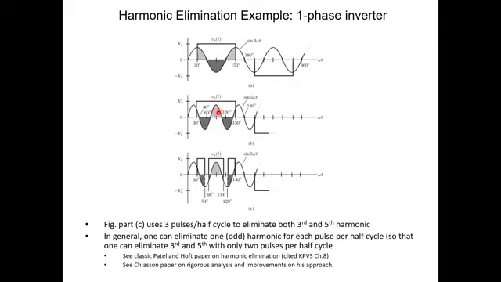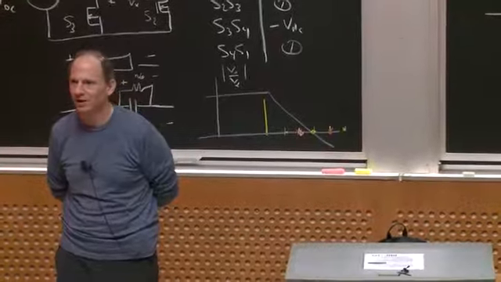But if I then put in my nulls right here, centered about 60 degrees, it turns out if I use that capital delta being 12 degrees, I can make the negative area exactly cancel the positive area and kill the fifth harmonic. So if I use this waveform, which is again half wave symmetric and has 3 pulses in each half cycle instead of 1, I could not only keep the third harmonic killed, but also kill off the fifth, which would then leave the lowest harmonic, the seventh.